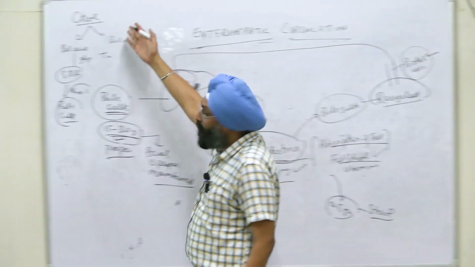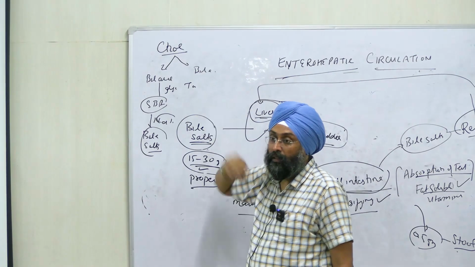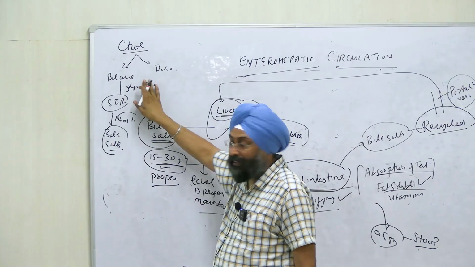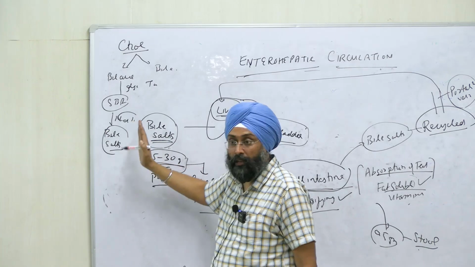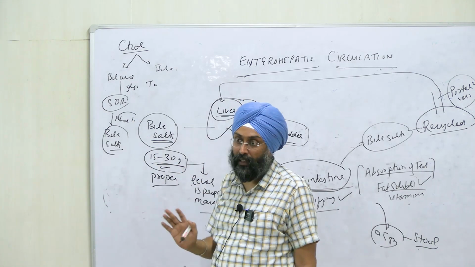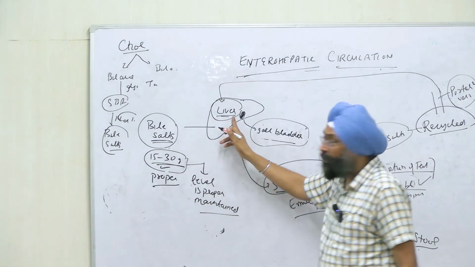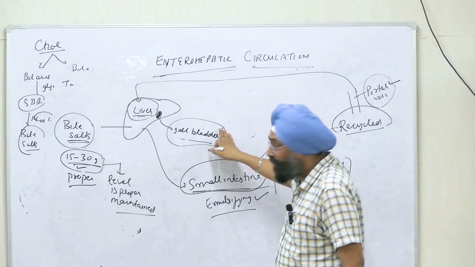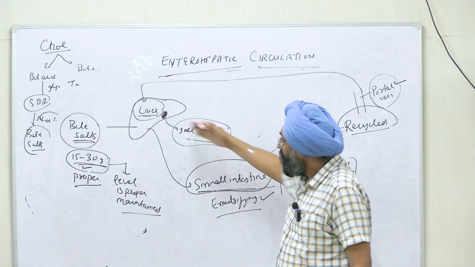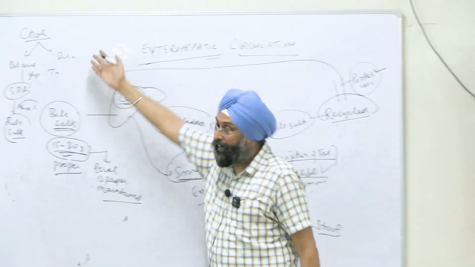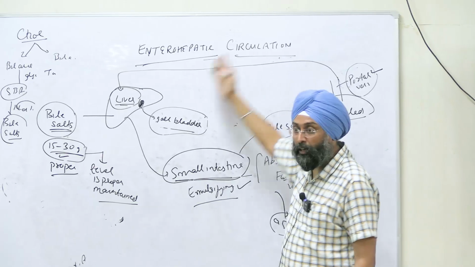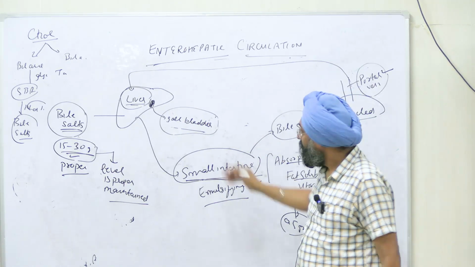So cholesterol was broken down to first form bile acids. Primary bile acids were converted into secondary bile acids, right? Later they form sodium and potassium salts to form bile salts, right? And these bile salts are formed in the liver, stored in the gallbladder, and later excreted into the small intestine. This is the complete breakdown of cholesterol, right? Now I'm moving into the enterohepatic circulation.